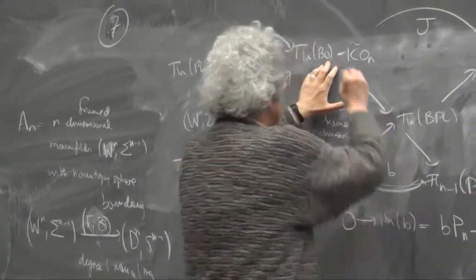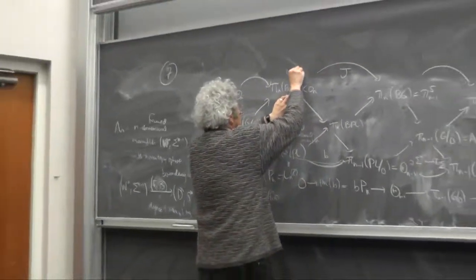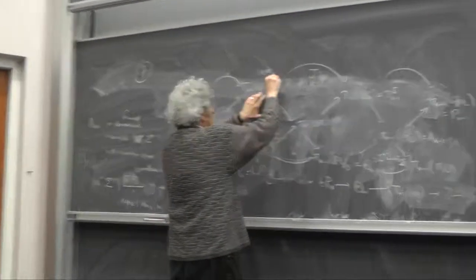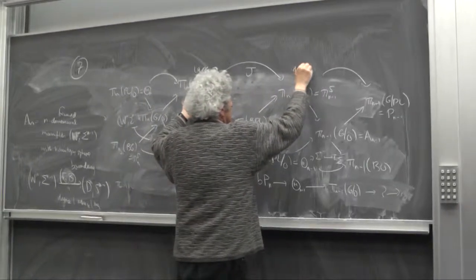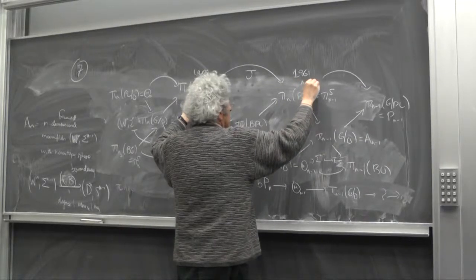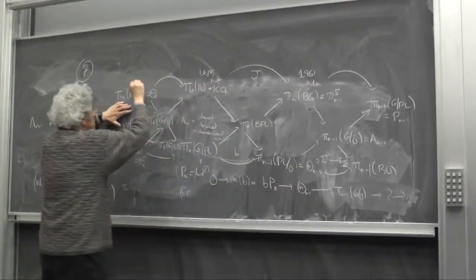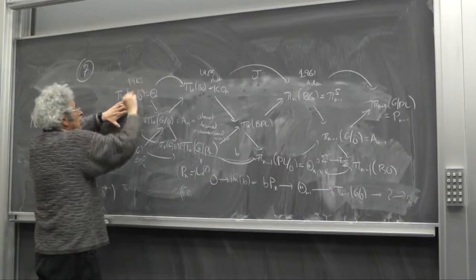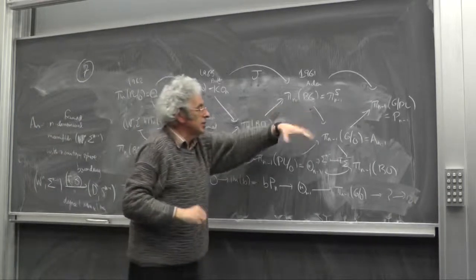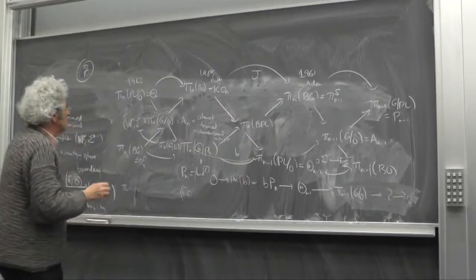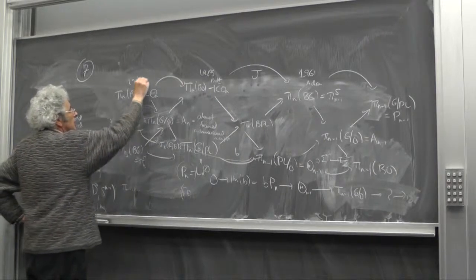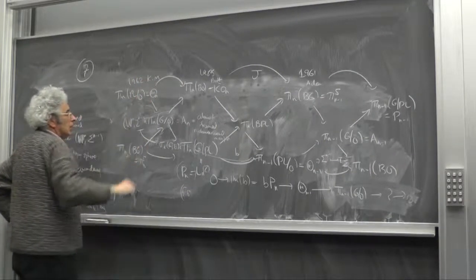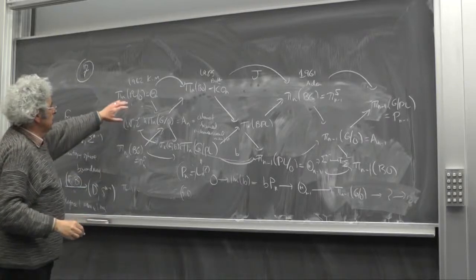So in the 1950s, 1955, Bott, 1961, Adams, and then in 1962, it was so new that the reference to Adams wasn't even published yet. A few years later, it all appeared. And then there was, of course, Smale in the background.